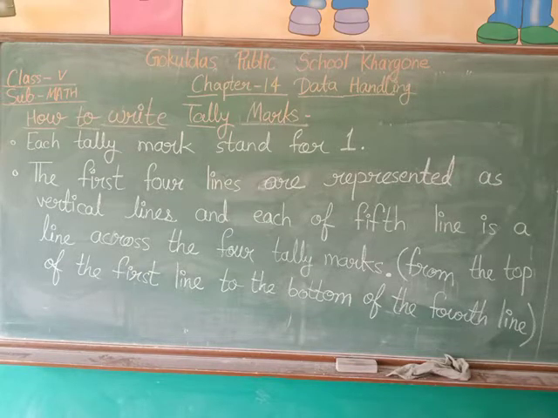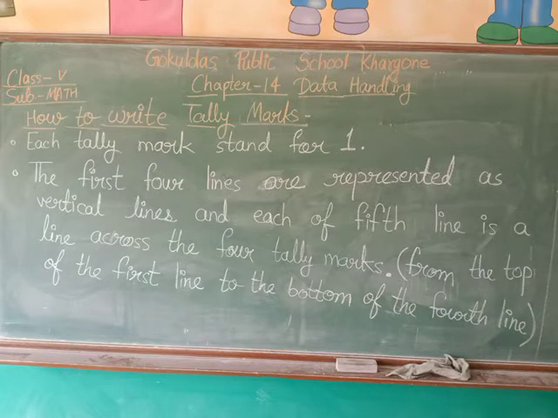How to write tally marks? Note down both the points or take the screenshot. One more time I am repeating both the points. The first point is each tally mark stands for 1.